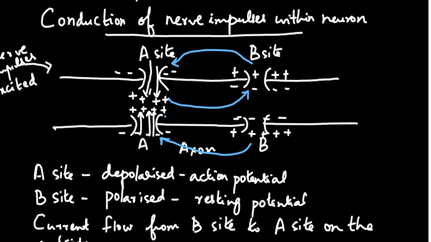Now when the current flows in this way, the B site's polarity gets reversed. All these positive charges will become negatively charged, and the inside, whatever negative charges are there, will become positively charged.